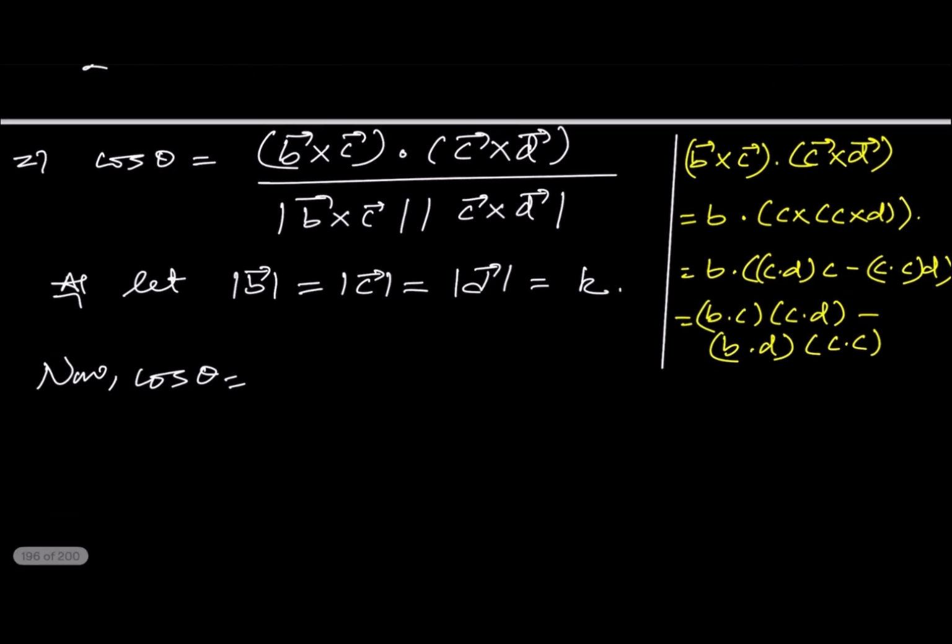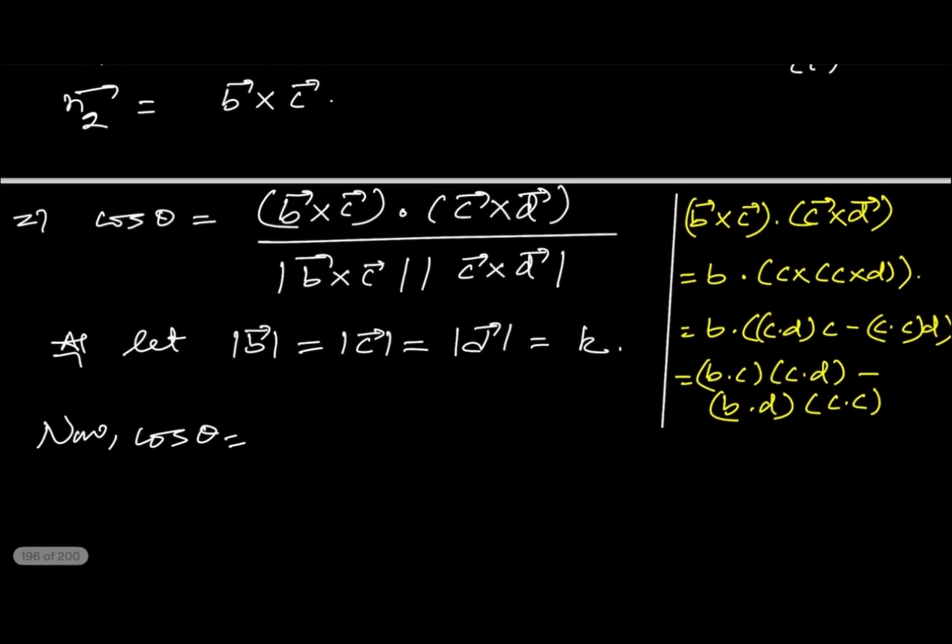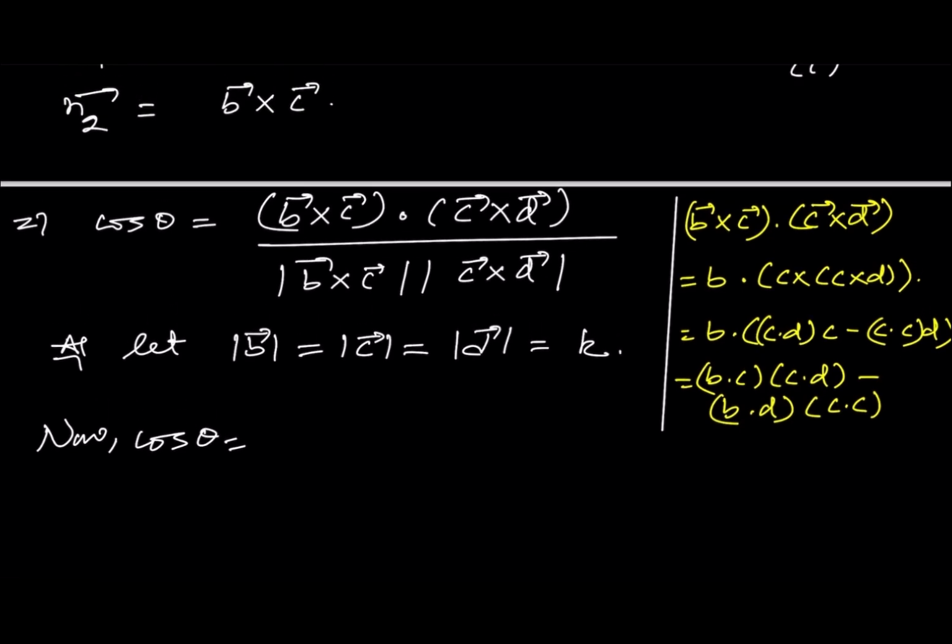So I can place this thing here, and you can also calculate this b dot c. b dot c is mod b mod c cos theta. Theta is the angle between b vector and c vector. b vector, c vector are the edges of a regular tetrahedron or sides of any face.